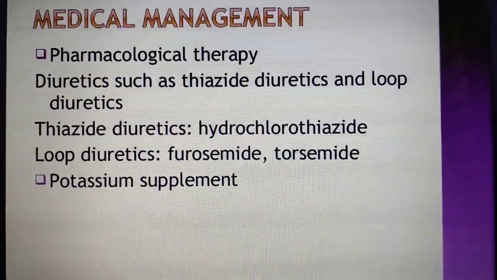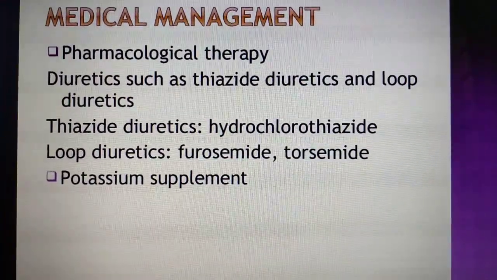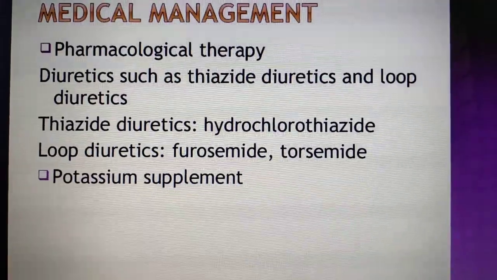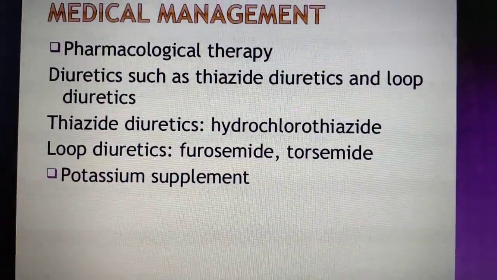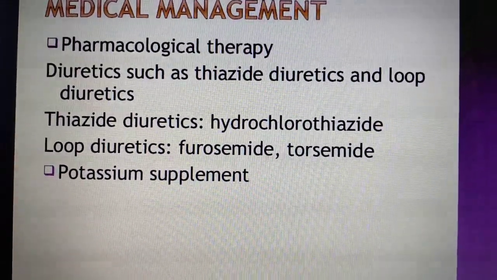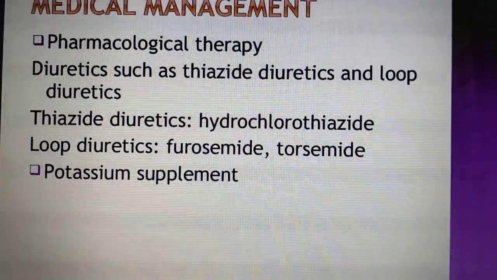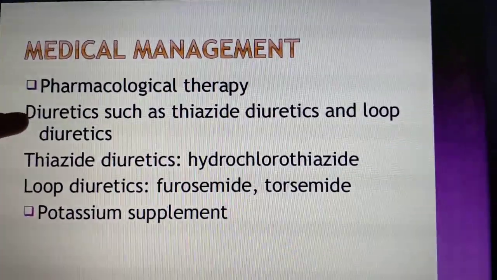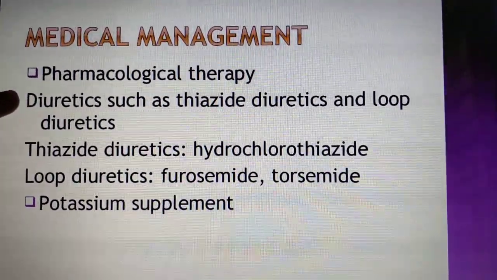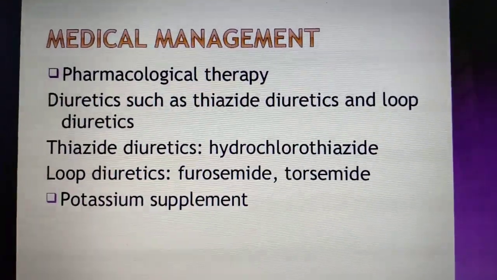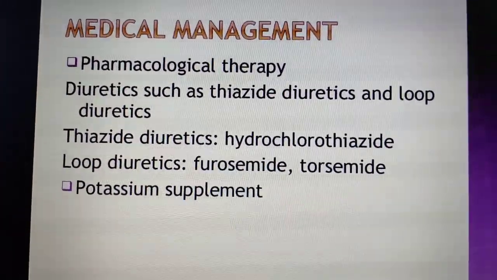So what is the medical management? Pharmacological therapy means drug therapy. We have to administer diuretics such as thiazide diuretics and loop diuretics. Diuretics are the drugs which help to drain water from the body.